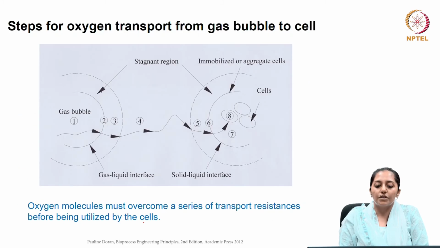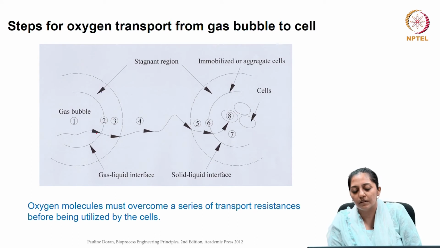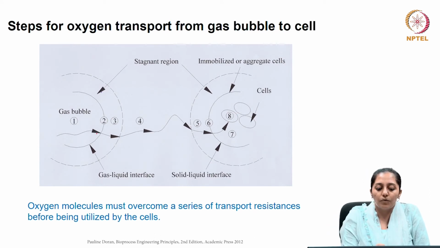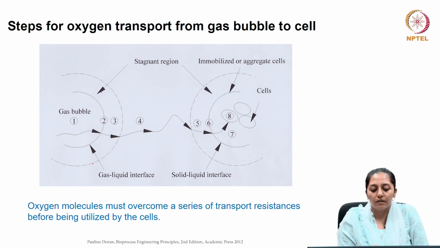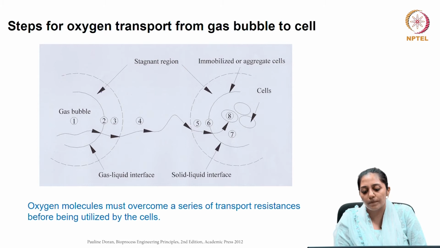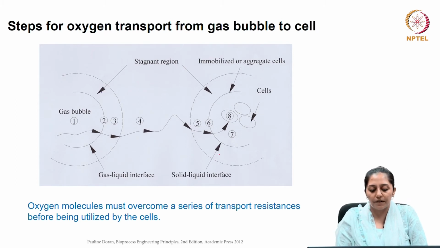So, steps of oxygen transport from the gas bubble to the cell. Let us see, as shown on the slide, one side we have a gas bubble, the other side we have cells. Surrounding the gas bubble we have a gas-liquid interface, and surrounding the cell aggregate or the immobilized cell structure we have a solid-liquid interface.